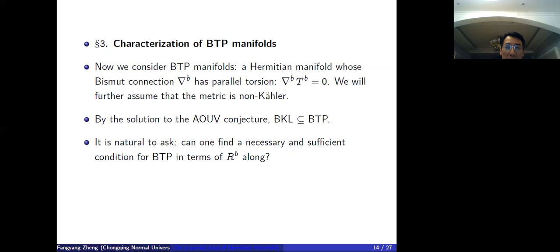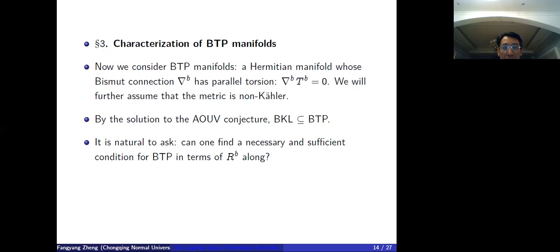Zhao and I basically tried to understand our proof of the AOUV conjecture. The proof is algebraically kind of complicated. This is before Lafuente and Stanfield proved their Gauduchon flat paper. Their computation is actually more involved and more thorough than ours.